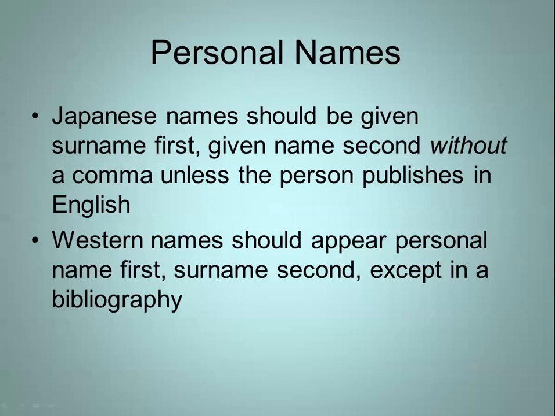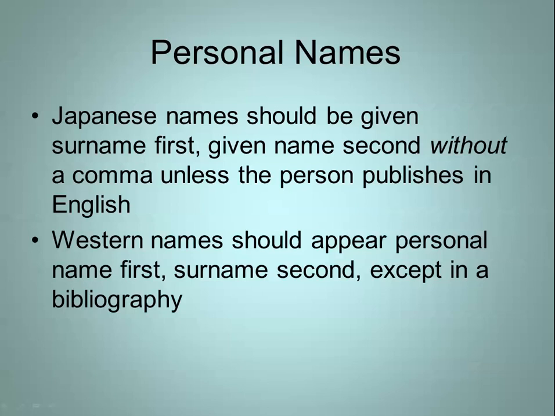Western names should appear personal name first, surname second, except of course in a bibliography. Maybe I should say a little bit more about that. That first bullet point, I'm referring to both how the name would appear in a bibliography and how the name would appear in the body of a paper. And in the case of Western names, if you're putting that name in a bibliography, then of course there's a comma.